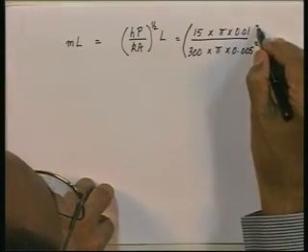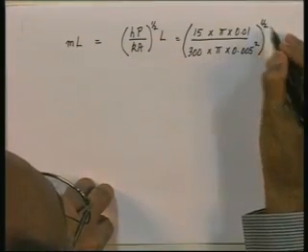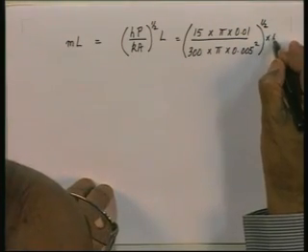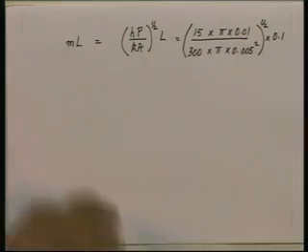Take the square root of this and multiply it by the length L, which is 0.1 in meters.